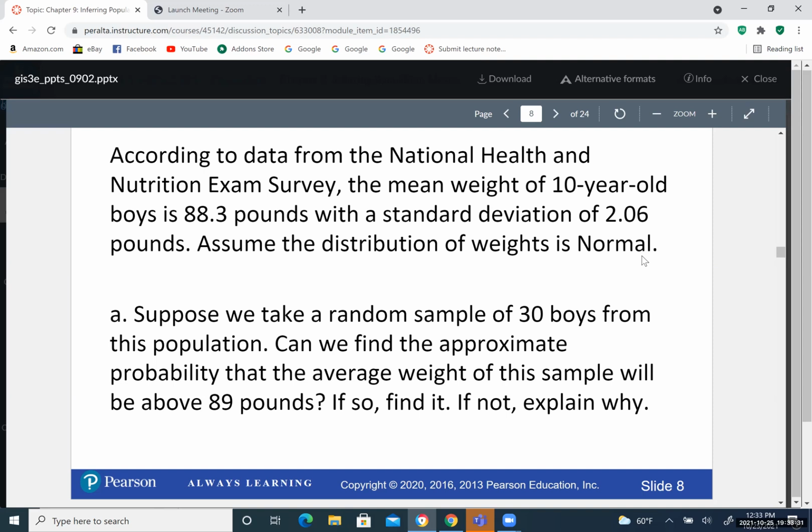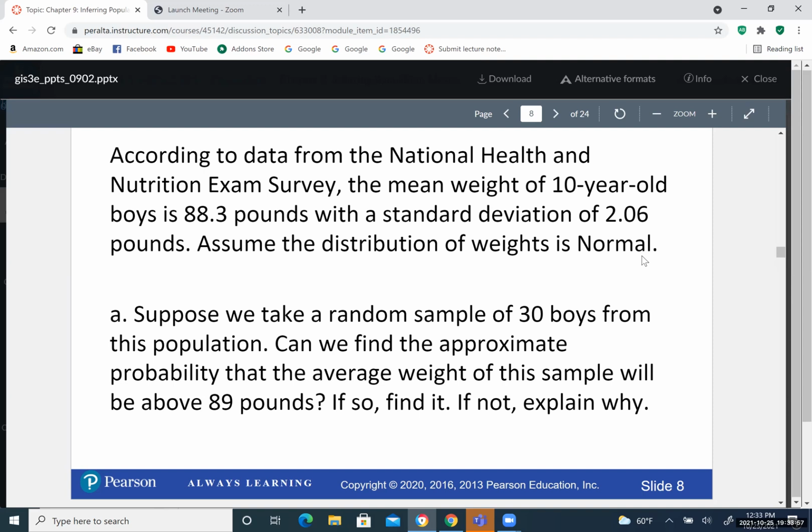Let's check out the question. Part A. Suppose we take a random sample of 30 boys this time from the population. Can we find the approximate probability that the average weight of this sample will be above 89 pounds? If not, explain why.